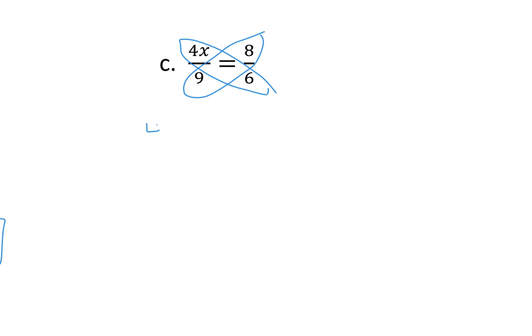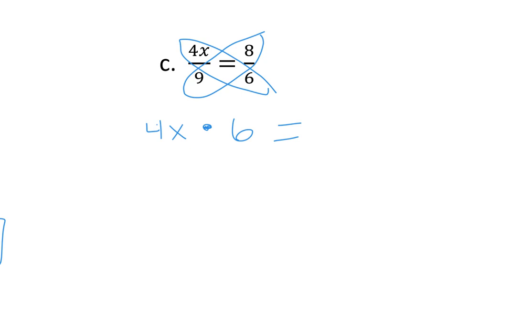So 4, oops, let me write that down. 4x is multiplying by 6. Okay, and it equals 9 times 8 or 8 times 9.